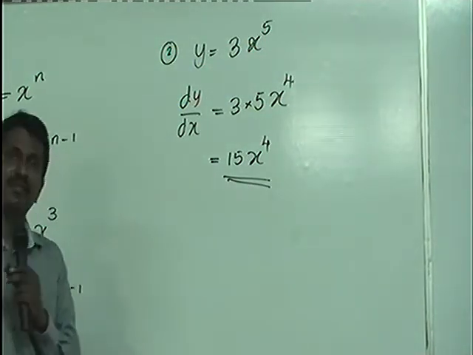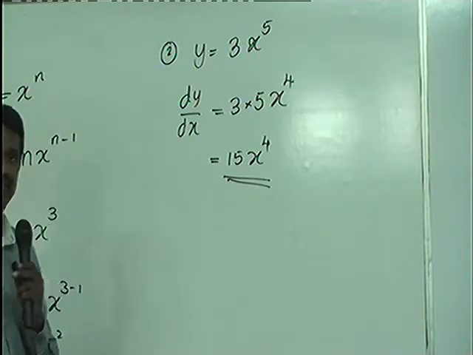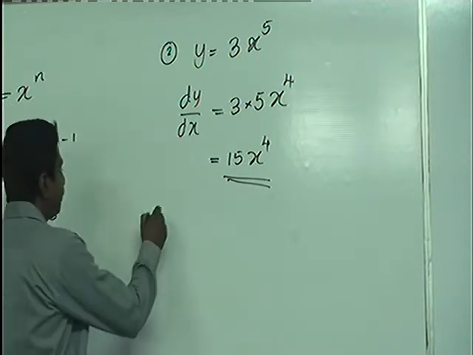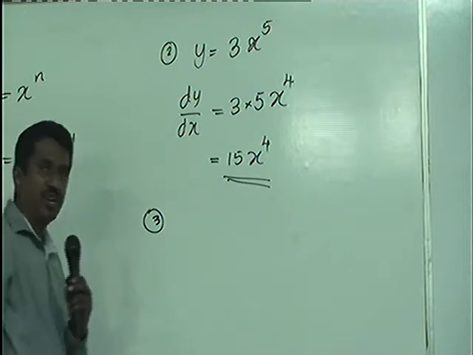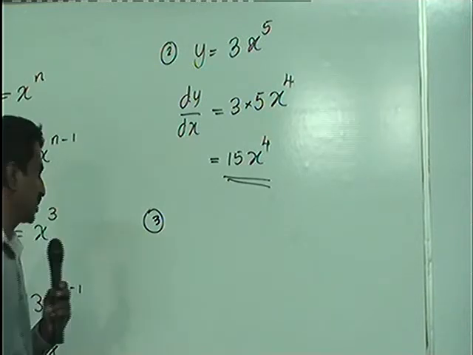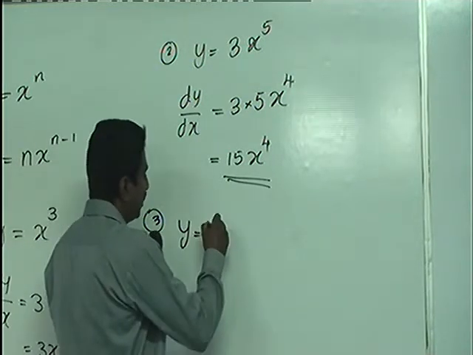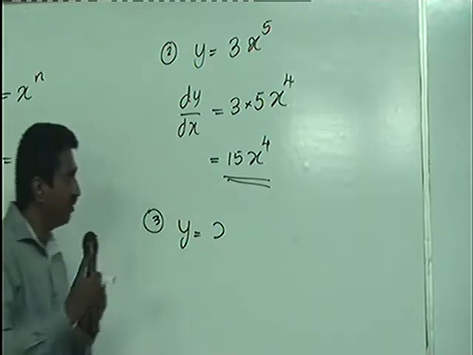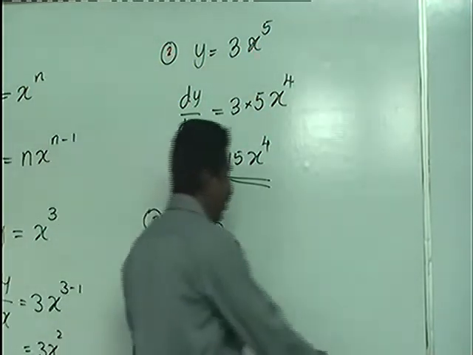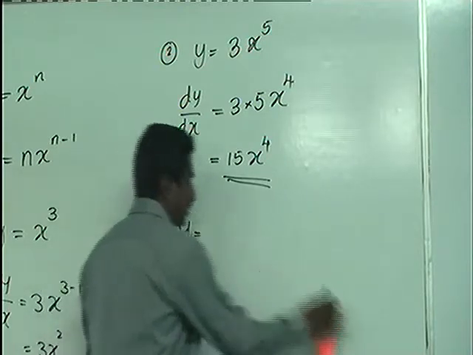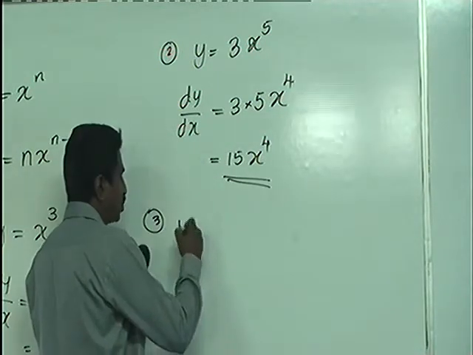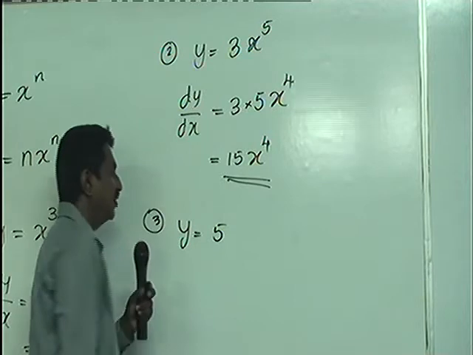That is the second type of example that we did last week. Thirdly, before the function with several parts, I told you, if you have a constant like y is equal to 5, what is the differentiation?